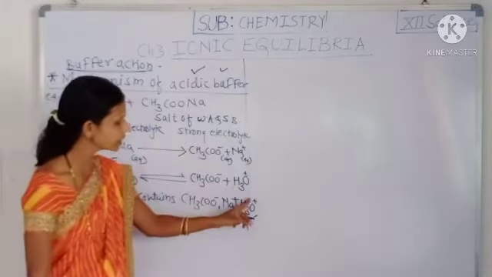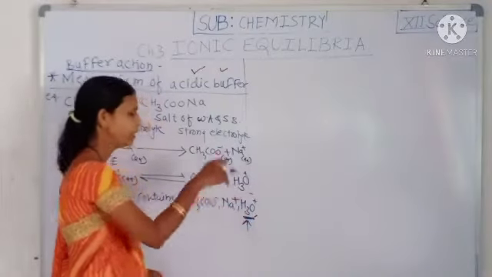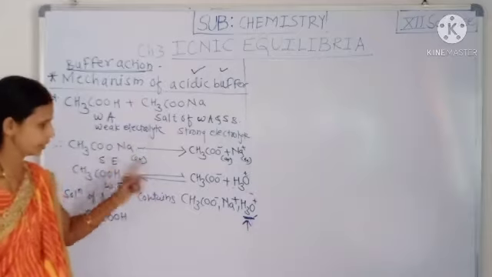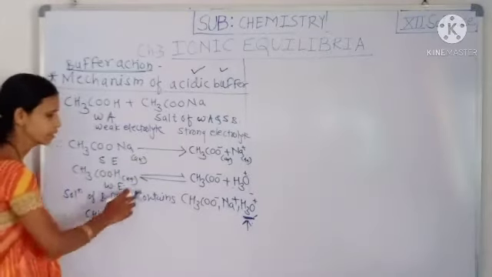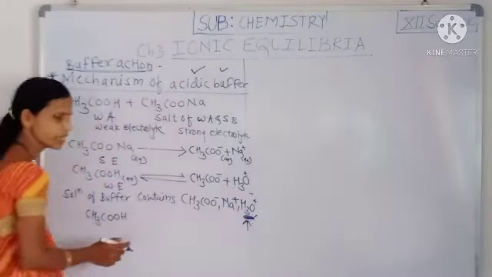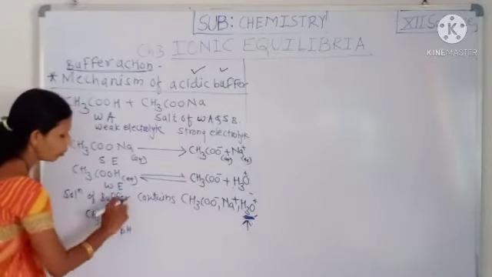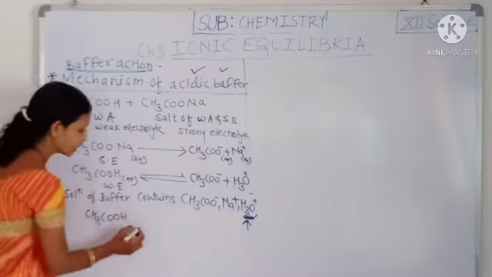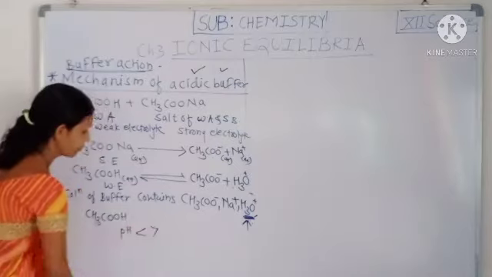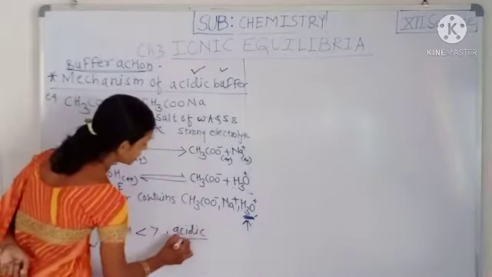Since hydronium ions are present in this solution, the pH of the acidic buffer is less than 7, that is, the solution is acidic in nature.